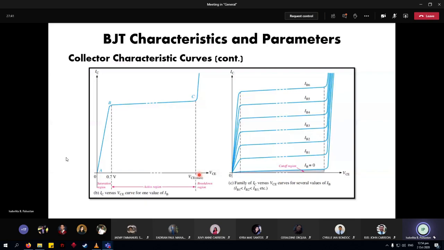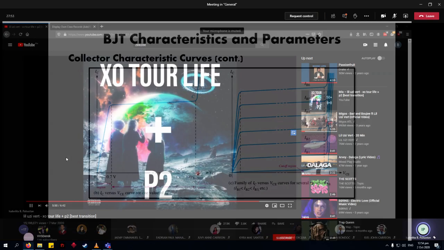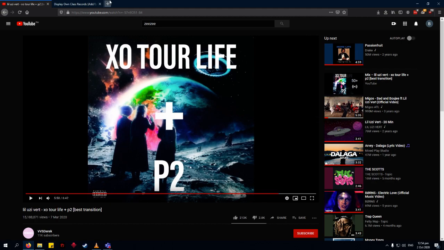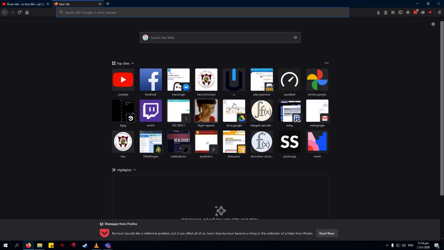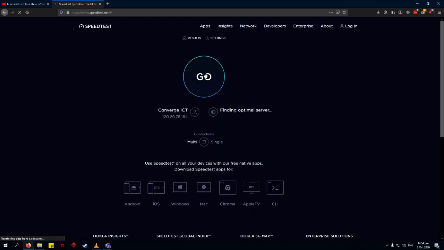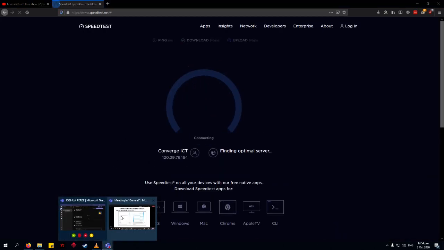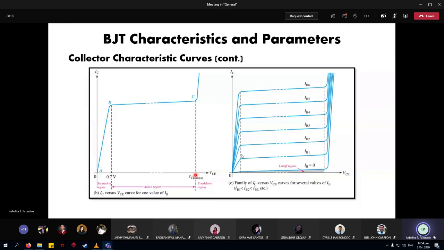Okay? And besides, our power supply in the lab is not capable of giving you the breakdown kasi malaking value ito. It could be 50 volts and we do not have a 50 volts DC in the lab. Hindi ko sinasabing fixed na 50, it depends on the actual BJT.